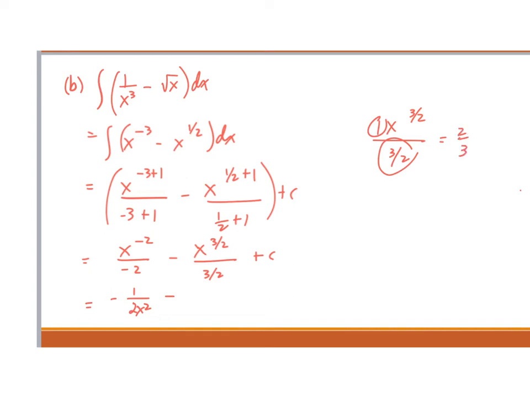And then x to the power of 3 over 2 is actually the square root of x cubed. So we could write this as minus 2/3. You can even keep it as x to the power of 3 over 2, and then plus c, or negative 1 over 2x squared minus 2/3 square root of x cubed plus c.